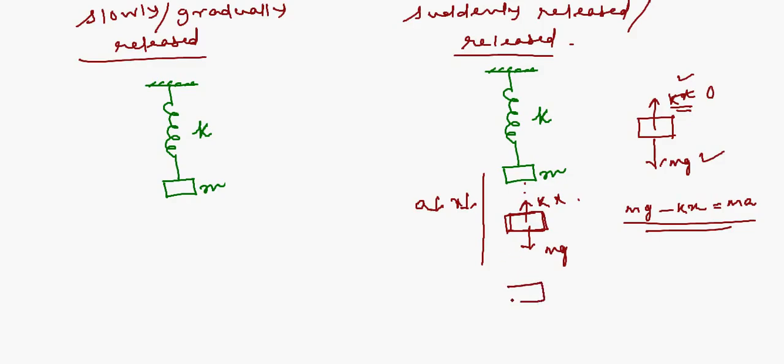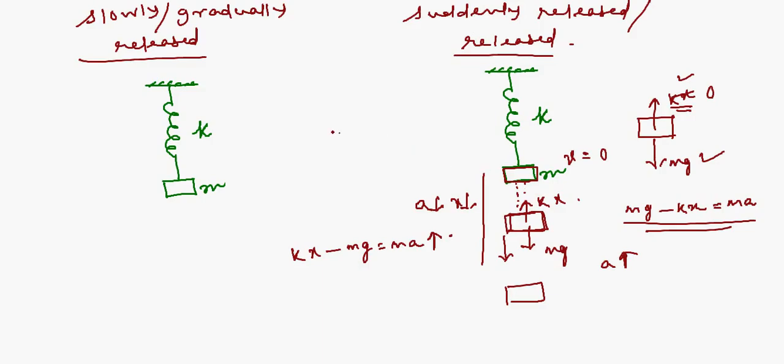So after this point, the net force is kx minus mg equals ma. This acceleration is upwards. The block starts from rest, and as it comes down, it gets acceleration in the downward direction.